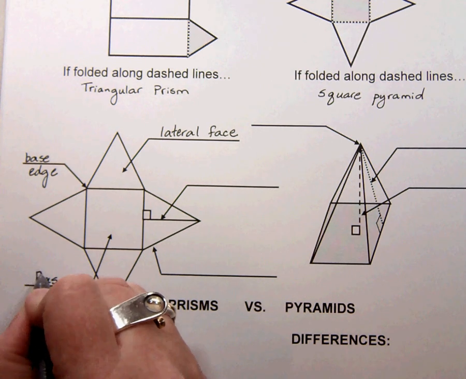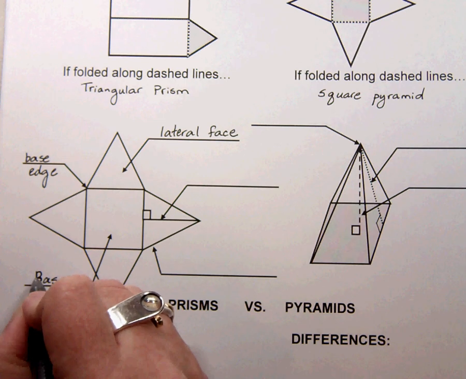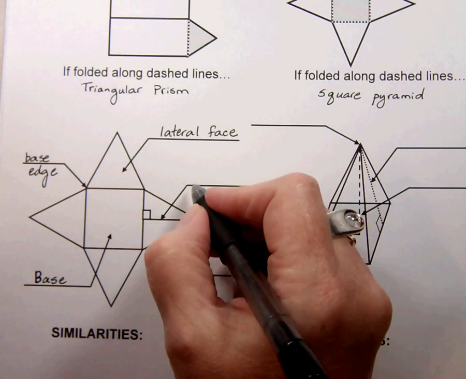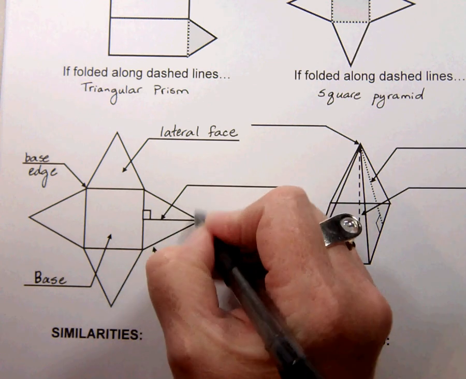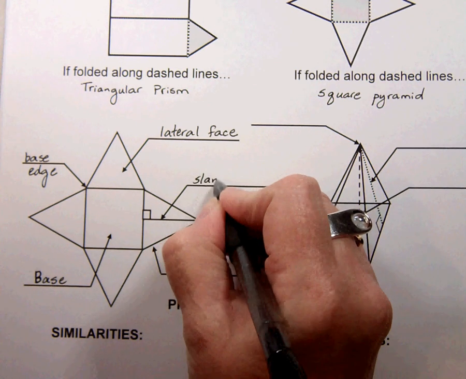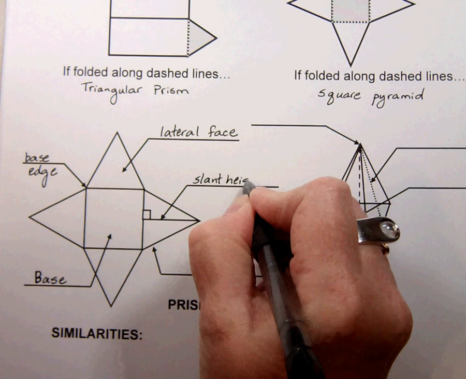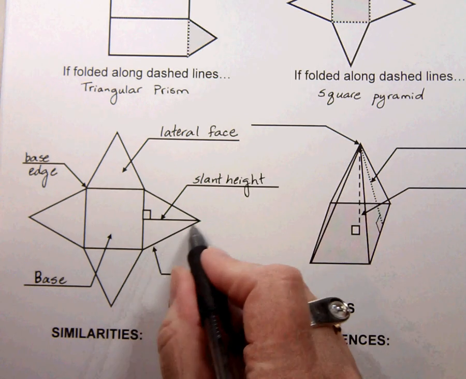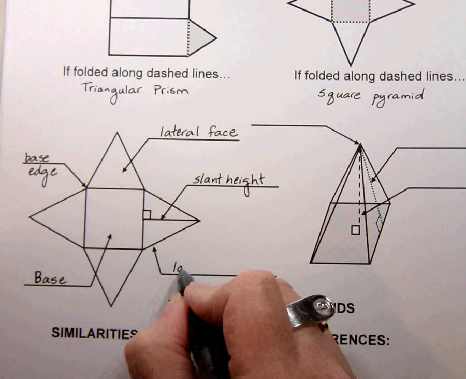I'll use a capital letter, because that's what they do when they put it in a formula. You're going to see capital letters, and that's always going to be a formula for the base area. But that's the base. This right here, when you fold it, is called the slant height. And this right here, pointing to this edge, is the lateral edge.